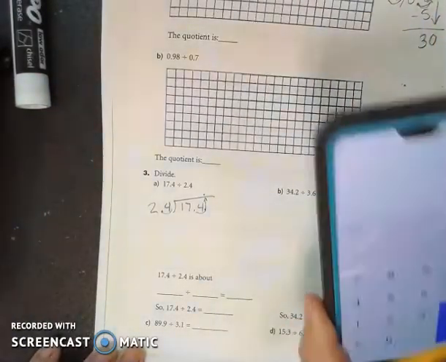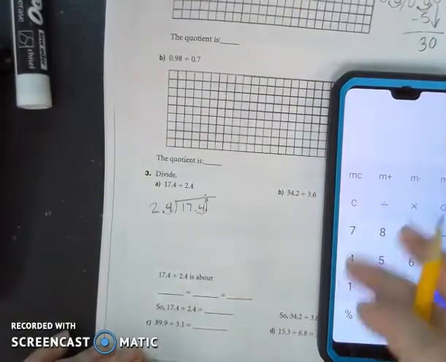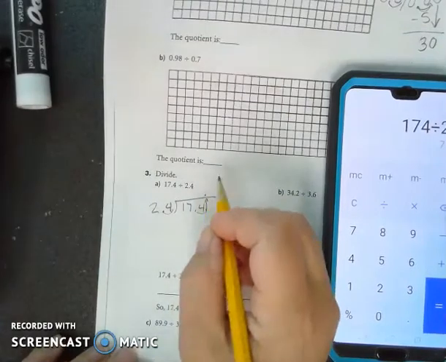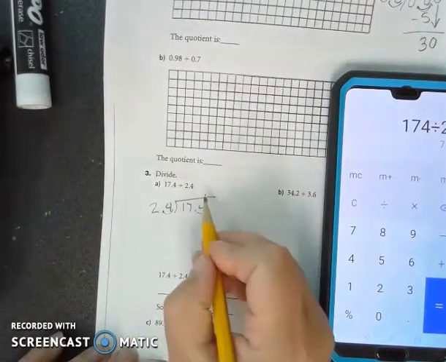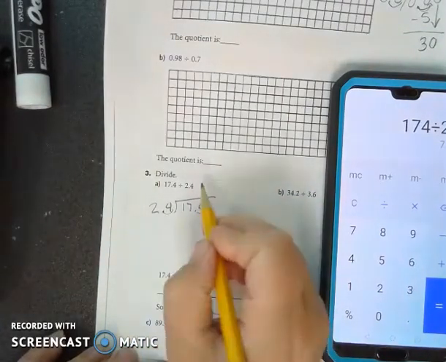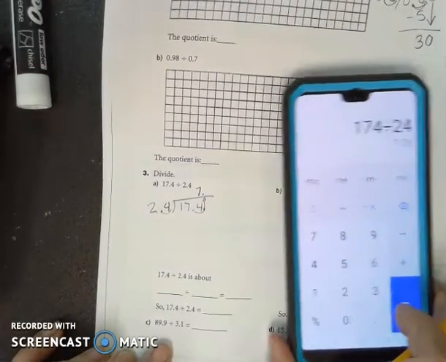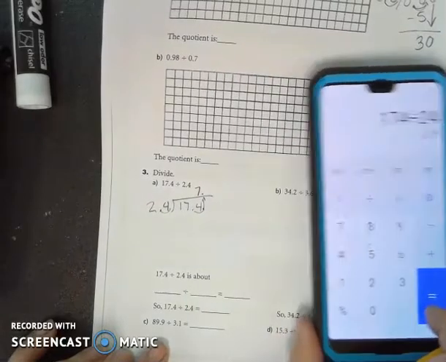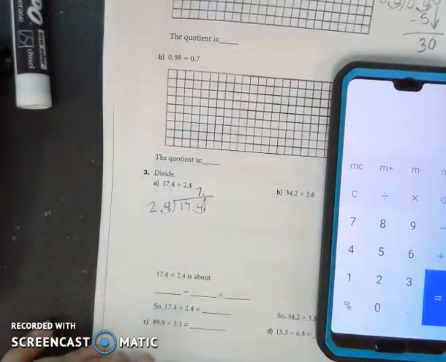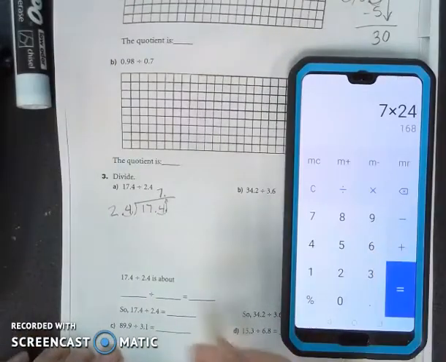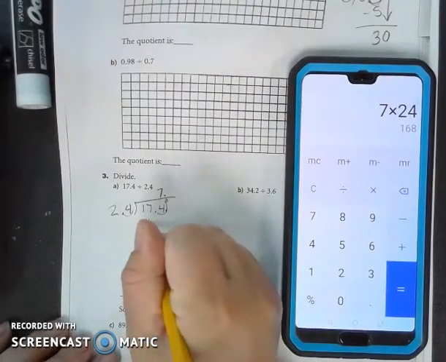And so this is where I'm saying, yeah, you can use a calculator. So you can say 174 divided by 24. The reason that I'm saying don't use the calculator for the whole thing is because you're not really going to get to know the method. I can see from my calculator that it goes in 7 whole times. So then I've got to figure out, well, what was 7 times 24? It's 168. So minus 168.